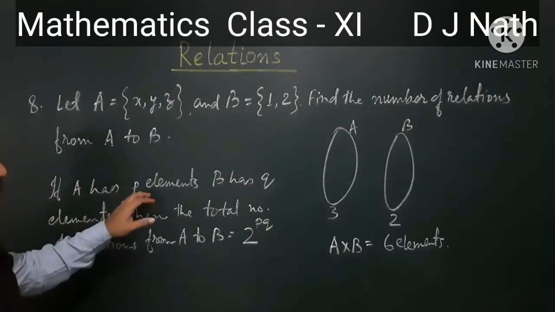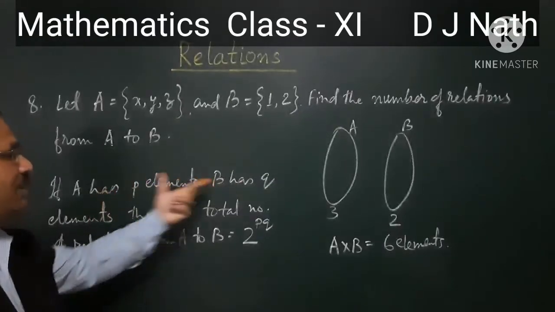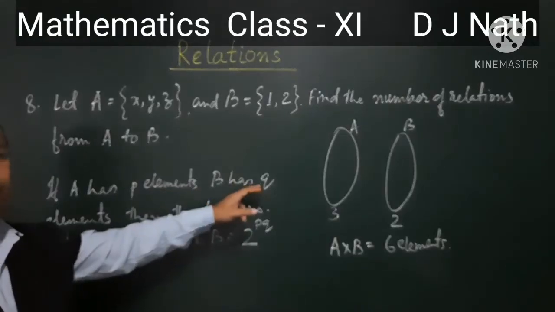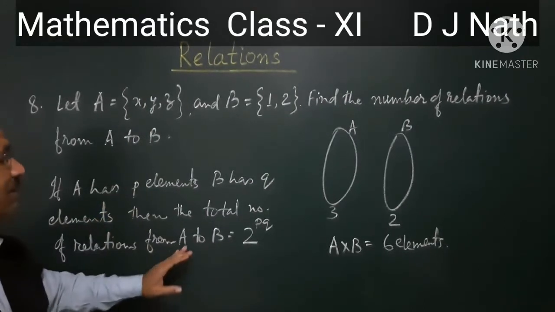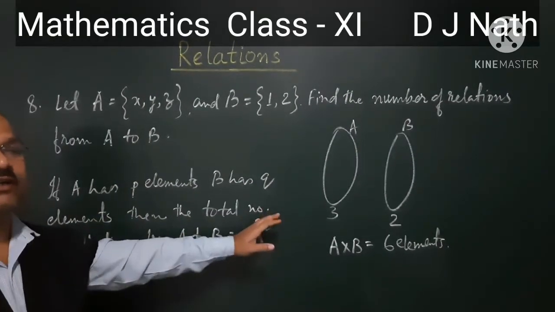Because if A has P elements and B has Q elements, in the Cartesian product there will be P into Q elements. So the total number of relations from A to B will be 2 to the power PQ.